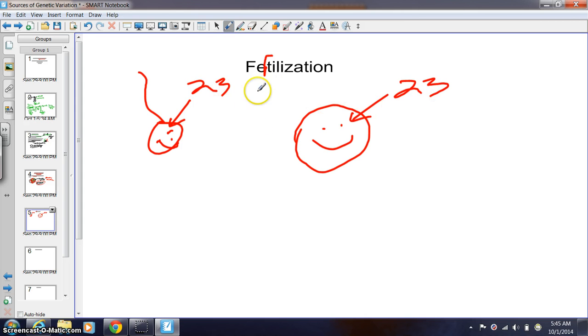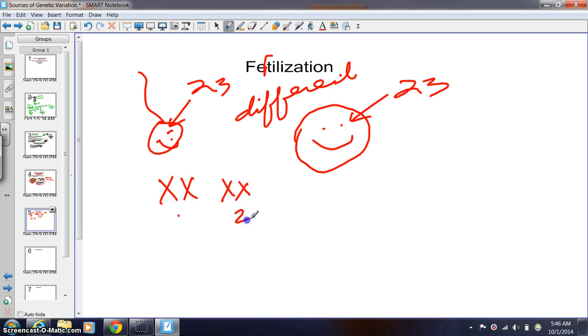Those chromosomes are different, meaning that if we look at a karyotype, and this is site 1, if we look at site 2, and if we look at site 3, I'm not going to write them all out. The one that's from dad, let's make it blue, and then the other one is from mom.